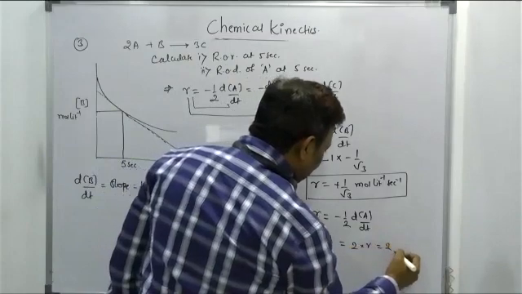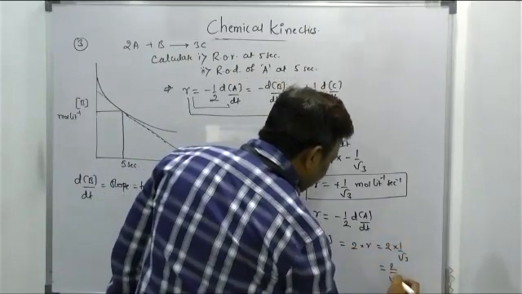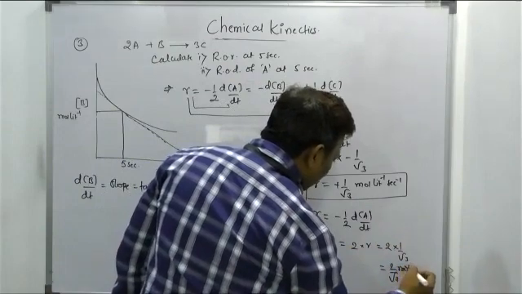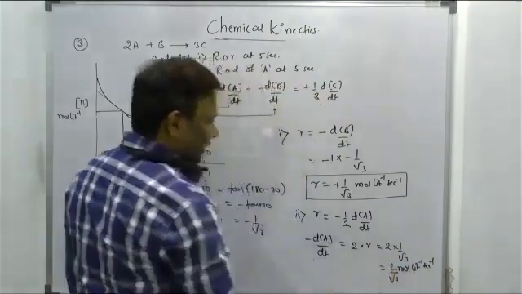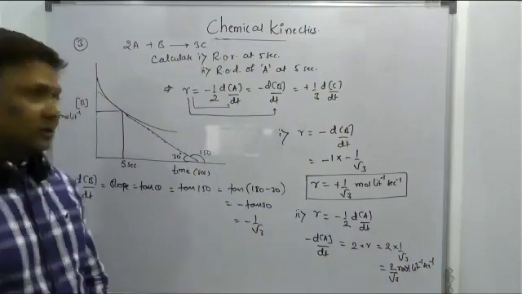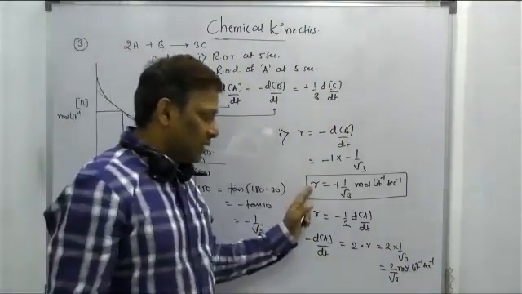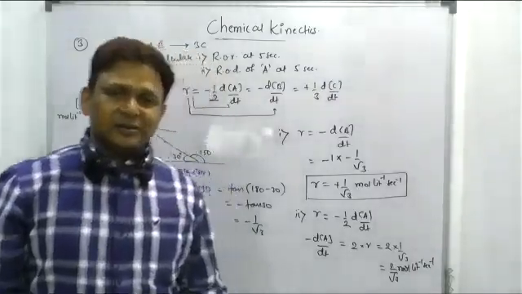So it is 2 times 1 by root 3, equal to plus 2 by root 3 mole per liter per second, which is the value of the rate of disappearance of A. I hope you got both values: one is ROR, another is the rate of disappearance of A. Take a screenshot of this one.